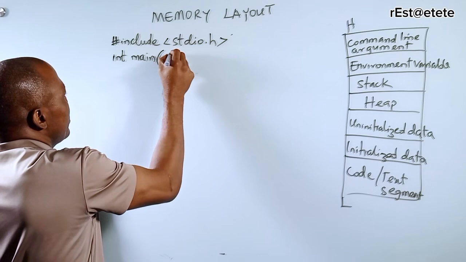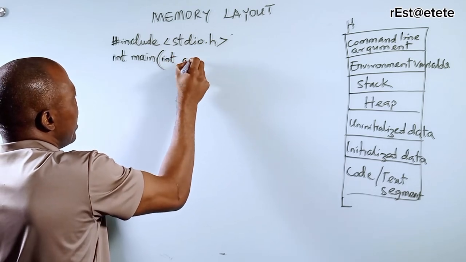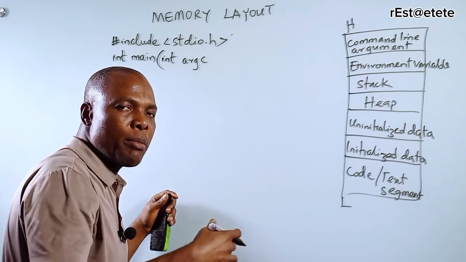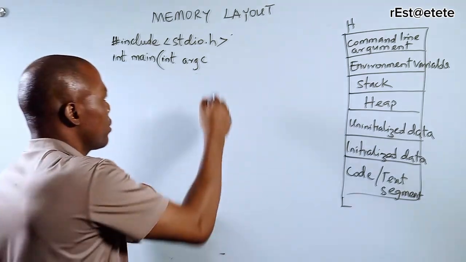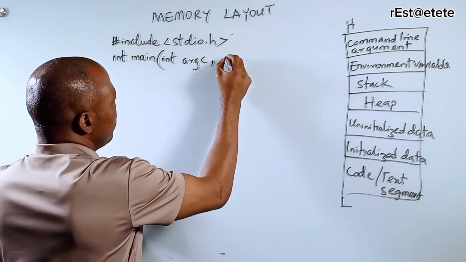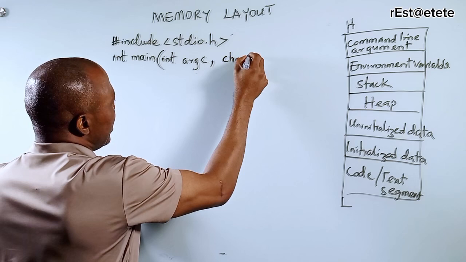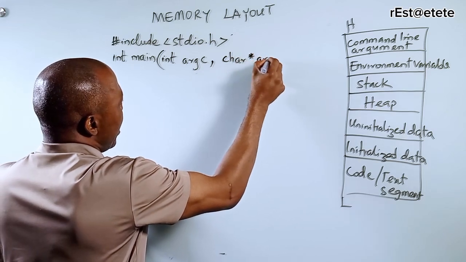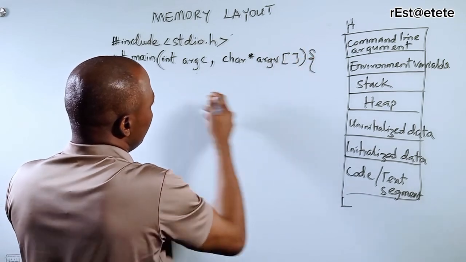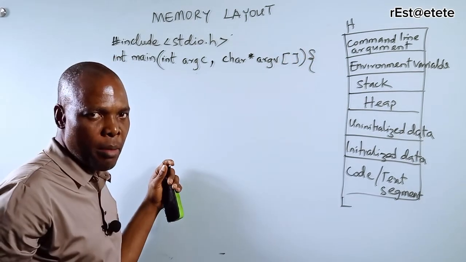Inside it, I will supply two arguments. argc is the argument counter, so it's going to count how many arguments are supplied to this main function, and it returns an integer value. That's why it has an integer type. The second one is a character pointer, argv, right? So you can see this is my main function.